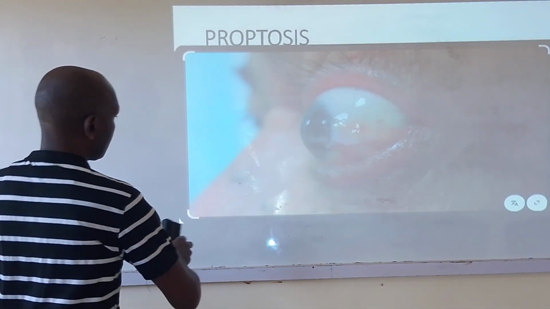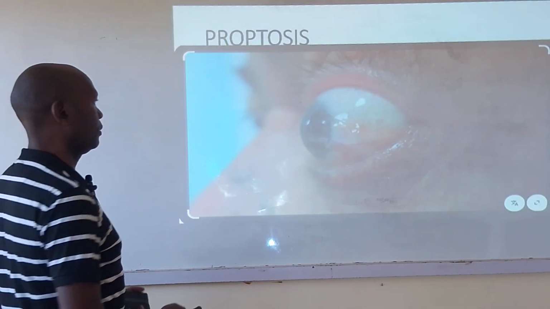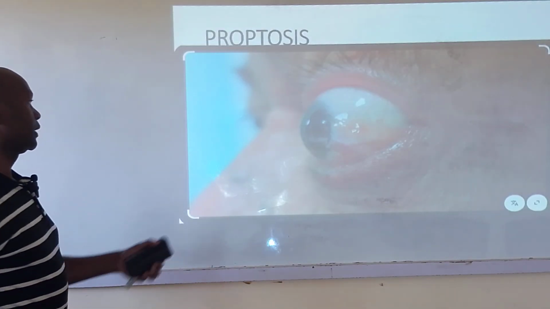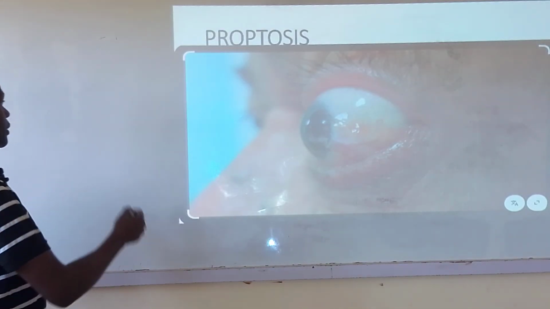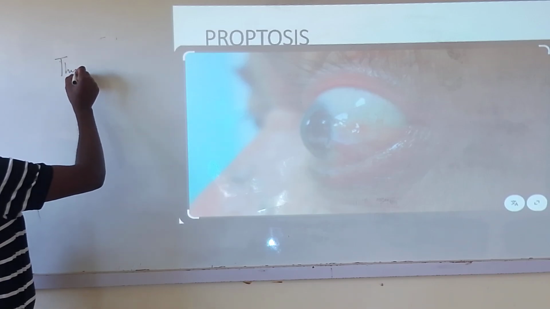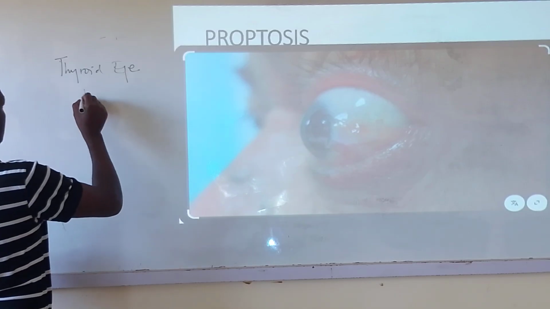And proptosis is this one here. You can see the eyeball of this gentleman here is protruding outside, and we said it's a common condition in what we call thyroid eye disease.